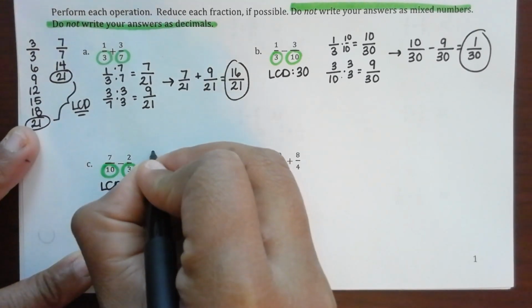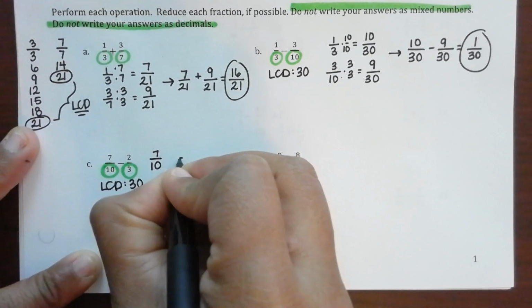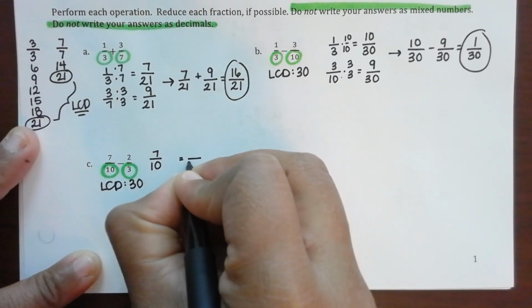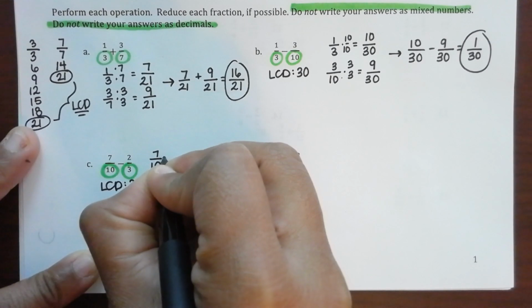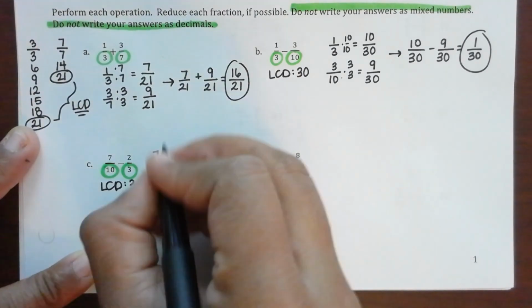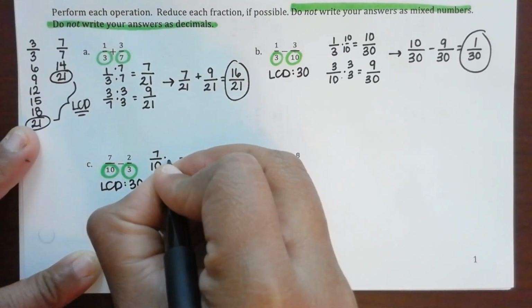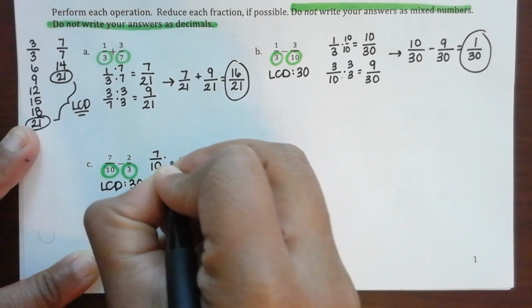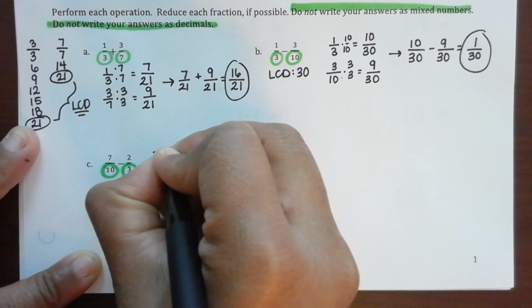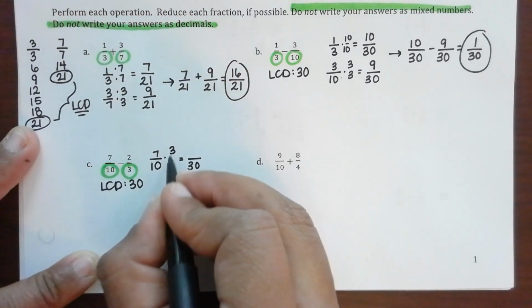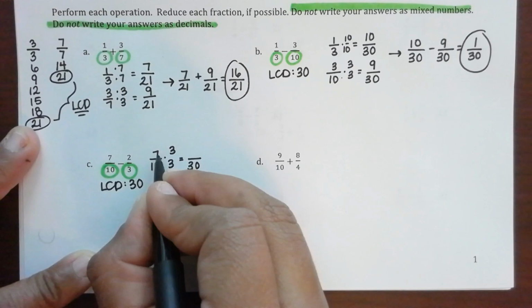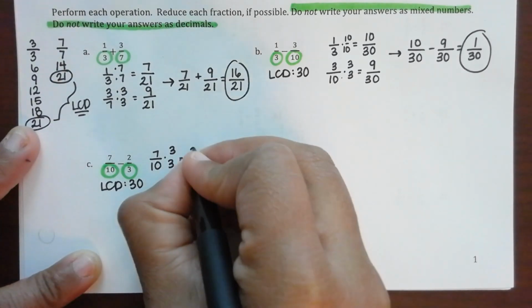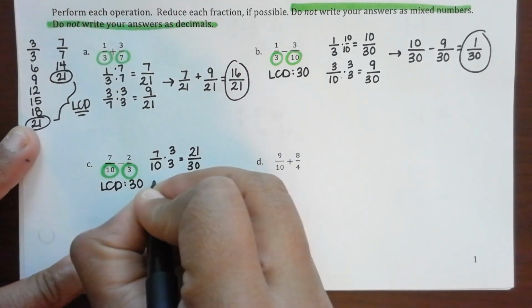So, 7 over 10 has changed into something over 30. What multiplies to 10 to get 30? 3. So what's happening to the bottom must also happen to the what? So what's 7 times 3? 21.